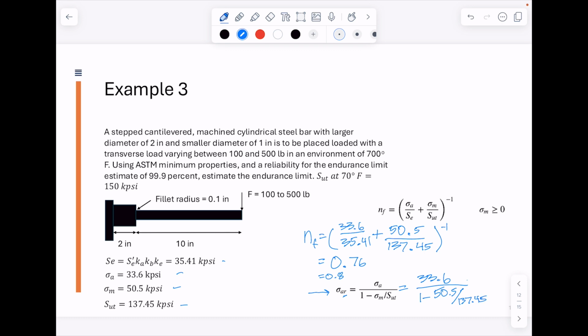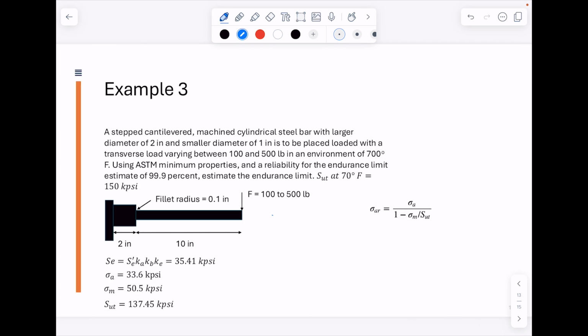And that will equal 53. So our sigma AR is going to be equal to 53.2 kpsi.